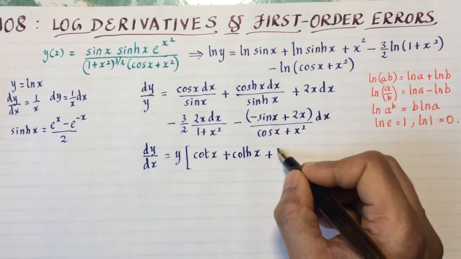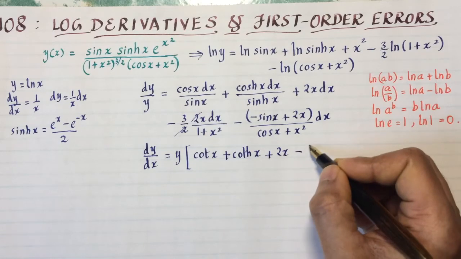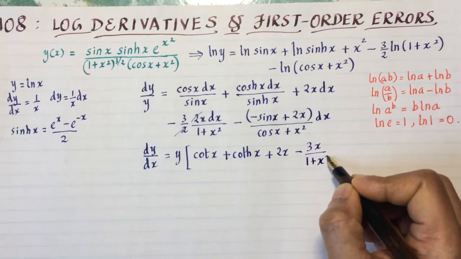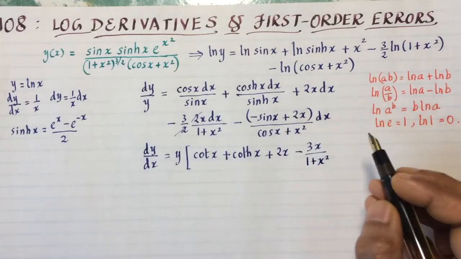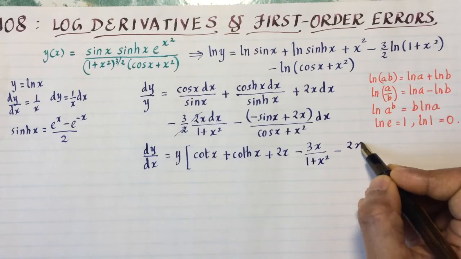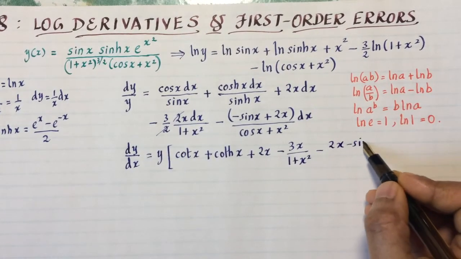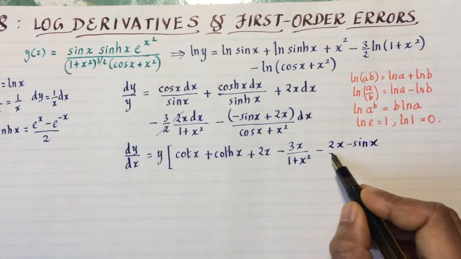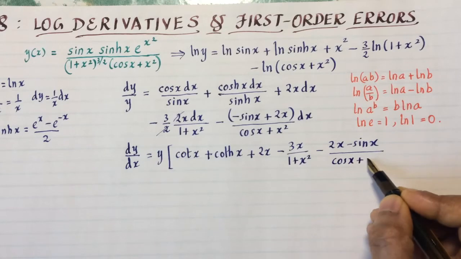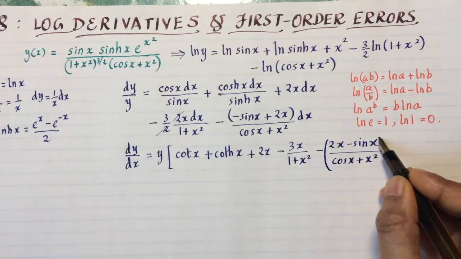This is just 2x, and here I can make a simplification, so that's minus 3x divided by 1 plus x squared, and I'll move this over there, so I get minus 2x minus sine x divided by cos x plus x squared. And the problem is basically finished at this point.